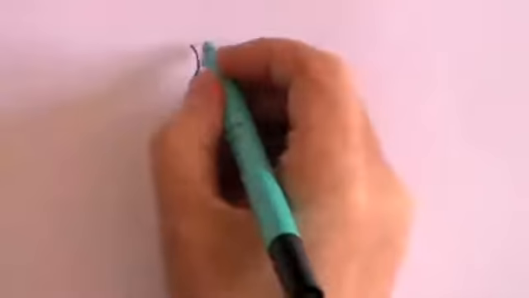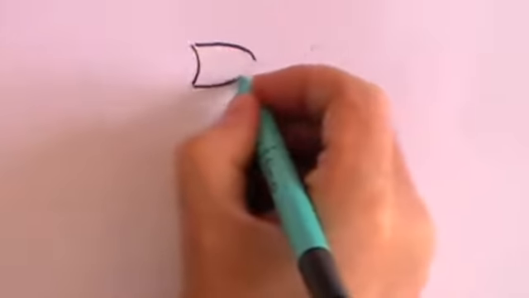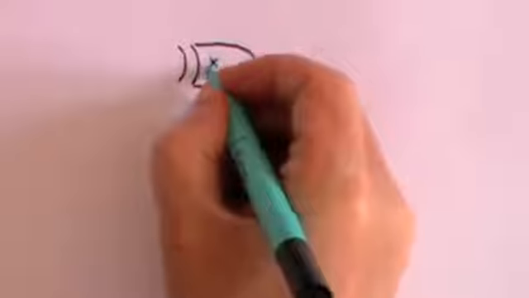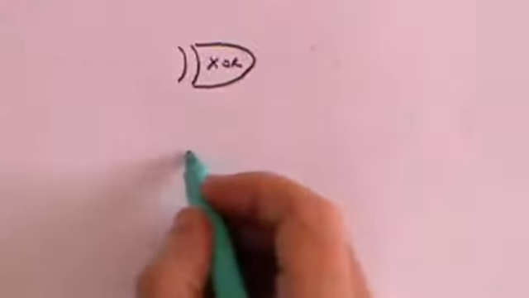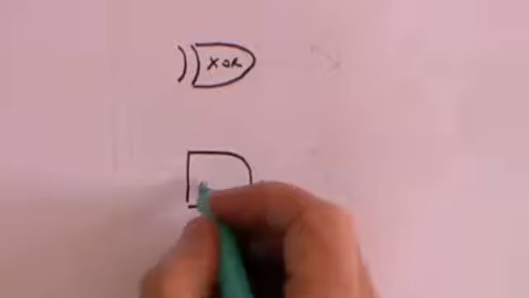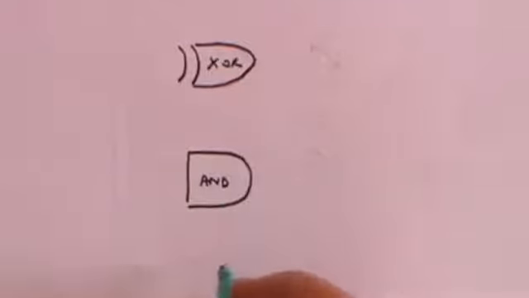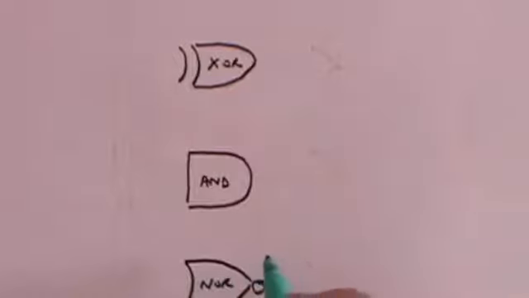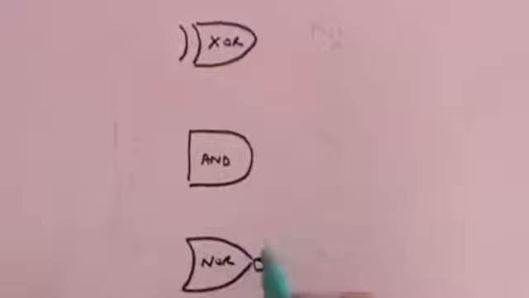So here is the device that we're going to build. We're going to have an XOR gate here, an AND gate here, and a NOR gate here. Let's just move that up so you can see it.